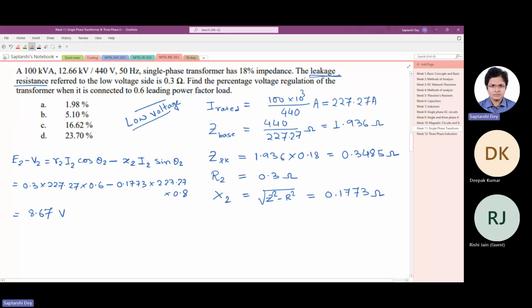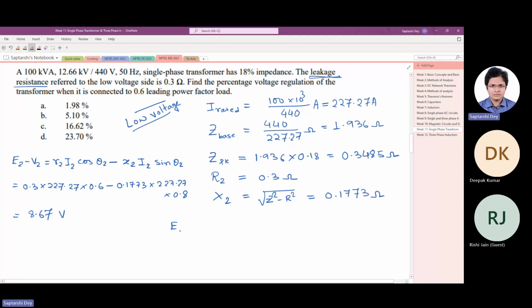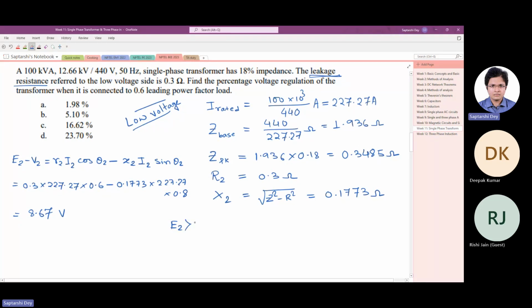So positive value means you can just look at one thing here. E2 is greater than V2. So you see, although this is a leading power factor load, after you load the transformer, the voltage drops. So it's not necessary that leading power factor will cause a rise in voltage.